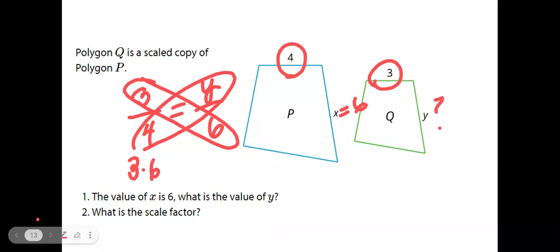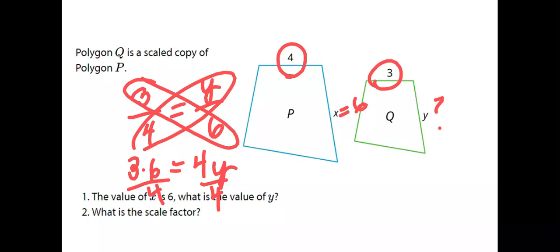Actually, I would not do it that way, but you could. Equals Y times 4, and then divide both sides by 4 to figure out what that is. We go to Desmos: 3 times 6 divided by 4 is 4.5. So Y equals 4.5.